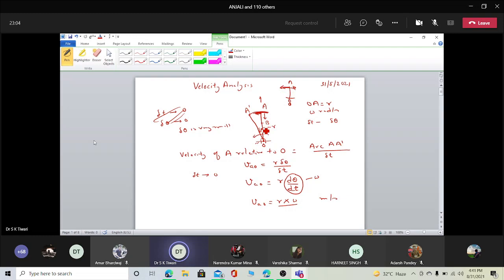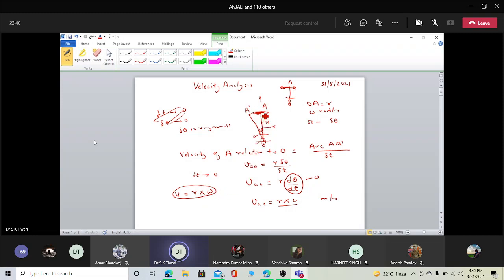So from this discussion, there are only 2 points to be concluded that are going to be used throughout the velocity analysis. There is no other concept apart from these 2 concepts. The first one is that the velocity of a point on a rigid link with respect to the center of rotation will always be equivalent to the length of that particular link multiplied by the angular velocity of that particular link. And the second thing is that the direction of the velocity will be perpendicular to the link.